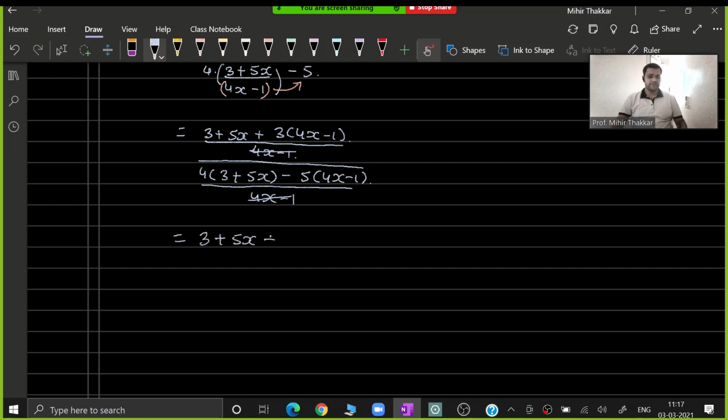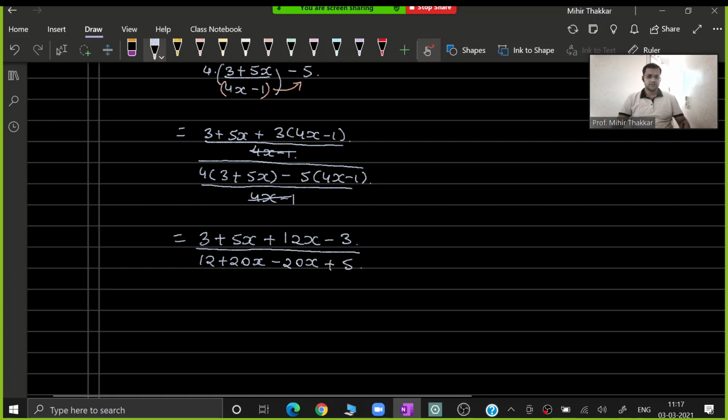So 3 plus 5x plus 12x minus 3, and 12 plus 20x minus 20x plus 5. So positive and negative 3 goes away in the numerator and in the denominator positive and negative 20x. So this becomes 17x upon 17. So on cancelling 17, we get our required answer as x. So that is what was required over here.